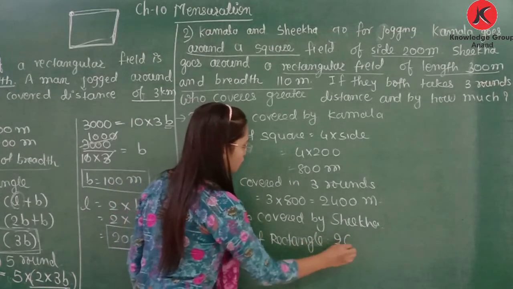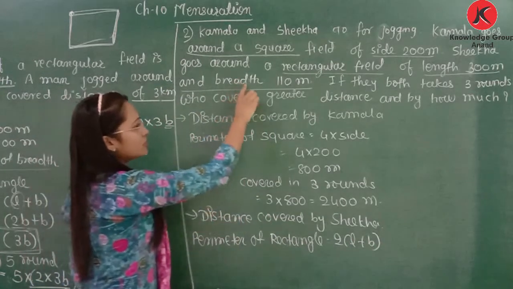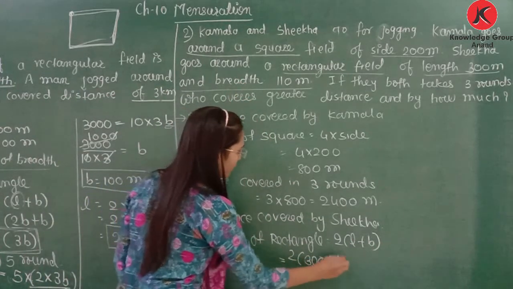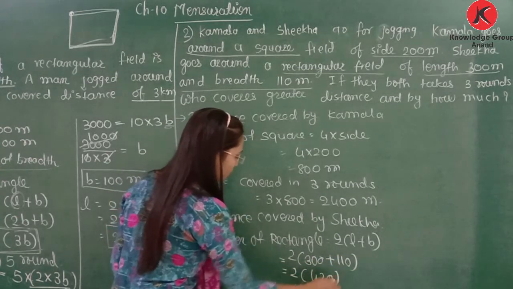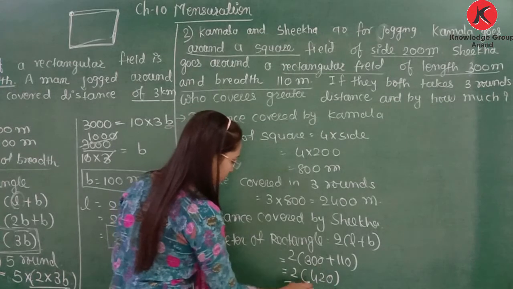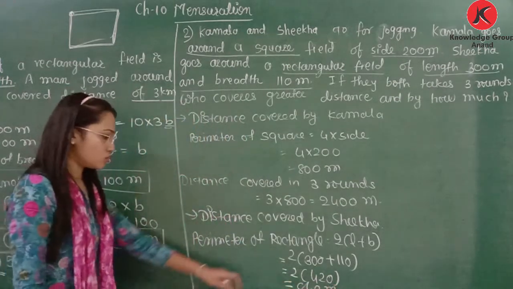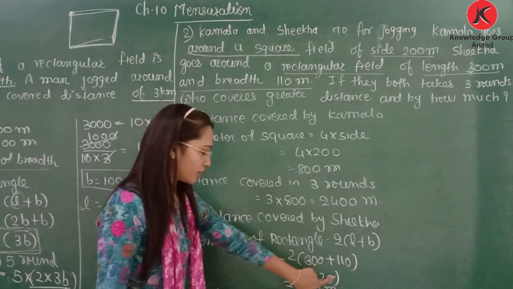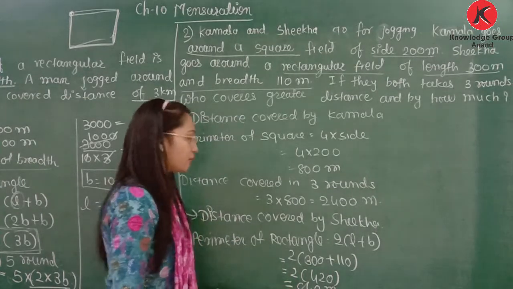So equation is 2 inside the bracket L plus B. Now here length is 300 meter and breadth is 110 meter. So 2 into 420. 300 plus 110 is 420. 420 multiplied 2 is 840 meters.